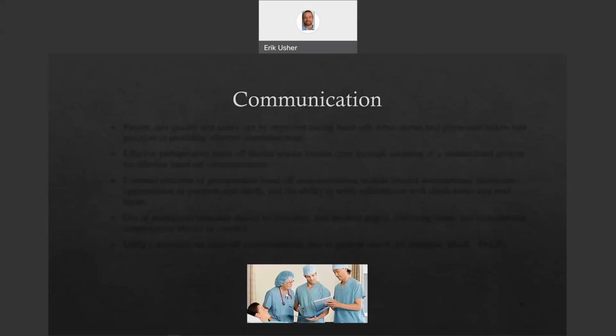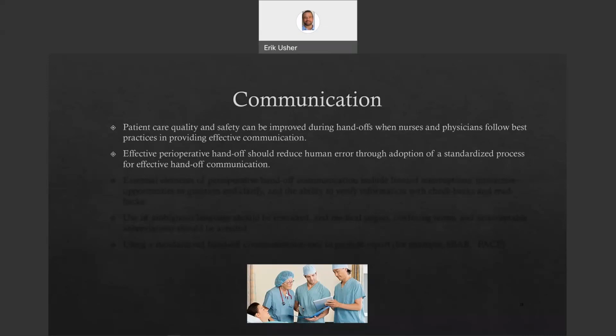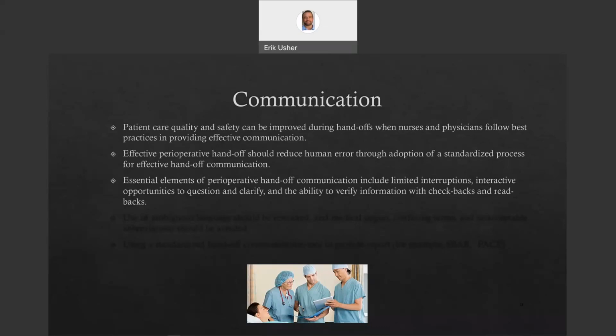We need to communicate a lot. That's important with really every aspect of nursing. Patient care, quality, and safety can be improved during handoffs when nurses and physicians follow best practices in providing effective communication. A lot of mistakes happen during handoffs when things are just glanced over or not given effectively enough. An effective handoff should reduce human error through adoption of a standardized process. It should be the same way every time.